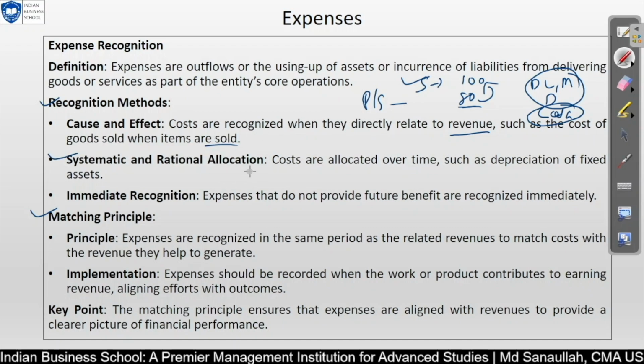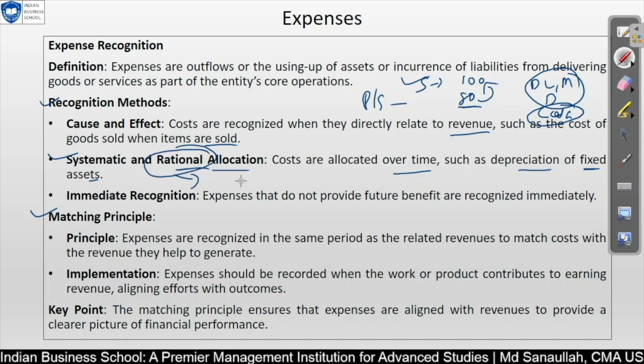The other method is systematic and rational allocation. Costs are allocated over time, such as depreciation of a fixed asset, as we have discussed earlier, also in the Excel sheet where I mentioned depreciation costs are allocated through a JV, based on the system automatically or the fixed asset schedule. Systematically we are allocating the cost based on rational allocation.